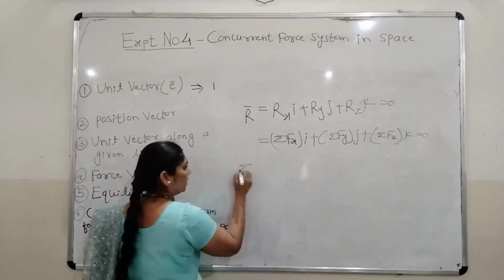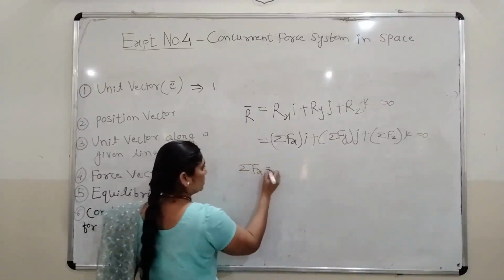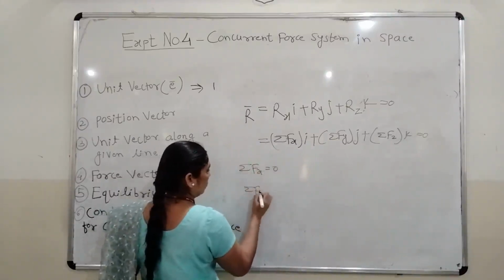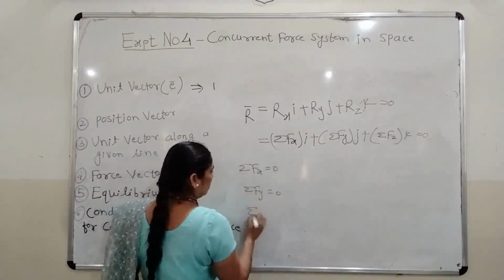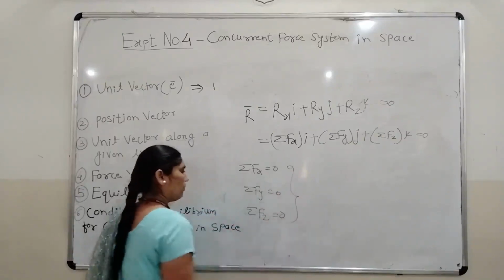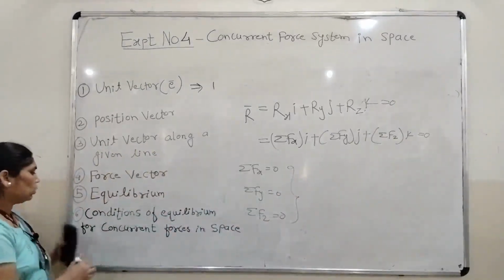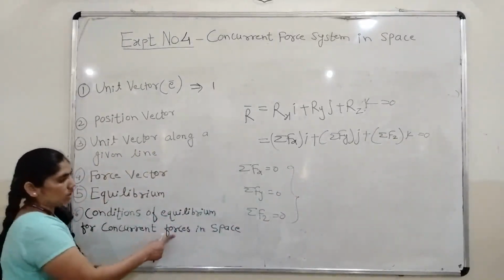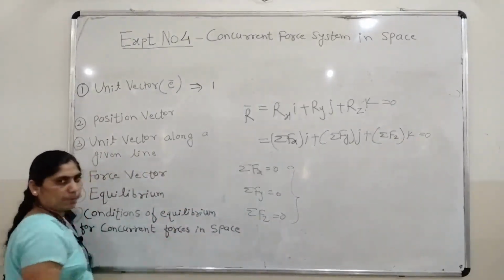So from this we can write summation Fx is equals to 0, summation Fy is equals to 0, summation Fz is equals to 0. So these are the conditions of equilibrium which we have to use for concurrent forces in a space.